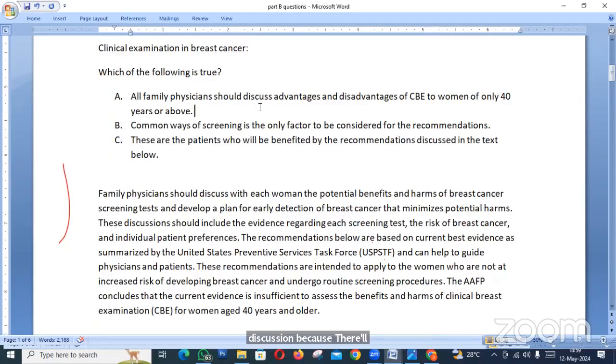A is wrong, C is correct. B is wrong. Common ways of screening is the only factor to be considered for the recommendations. No, this is not the only factor. We should also keep in mind that the patient should not be at increased risk of developing cancer. Then they can benefit from these recommendations.